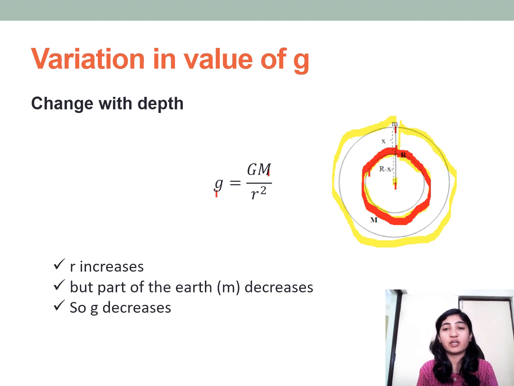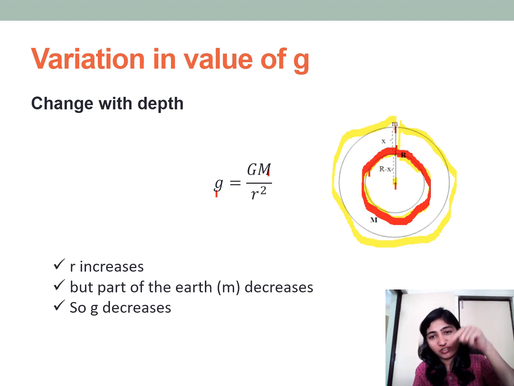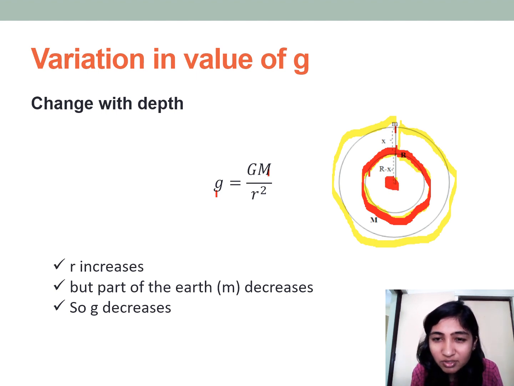The total effect, r is decreasing and m is also decreasing, causes the gravitational acceleration's value inside the earth to decrease, and at the center of the earth, as r is 0 and mass is 0, it becomes 0. The g value at the center of the earth is 0.